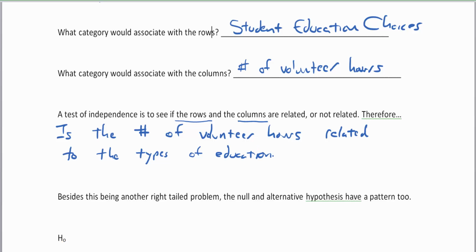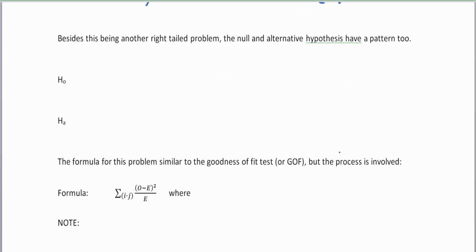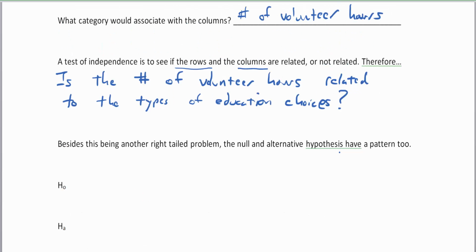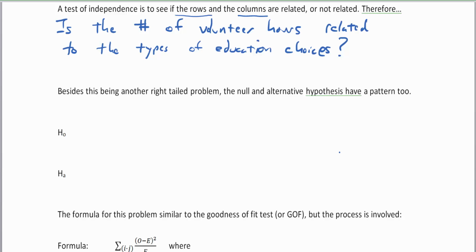And that's what we're really doing here. This is another right-tailed problem.